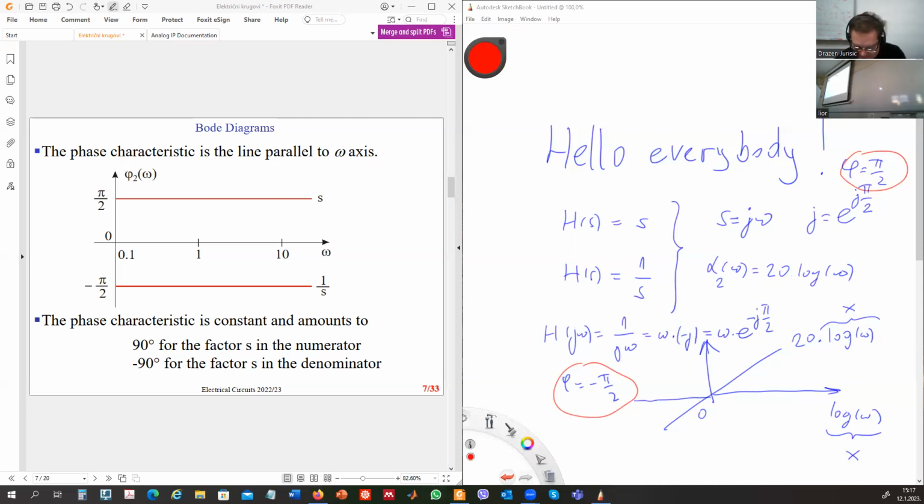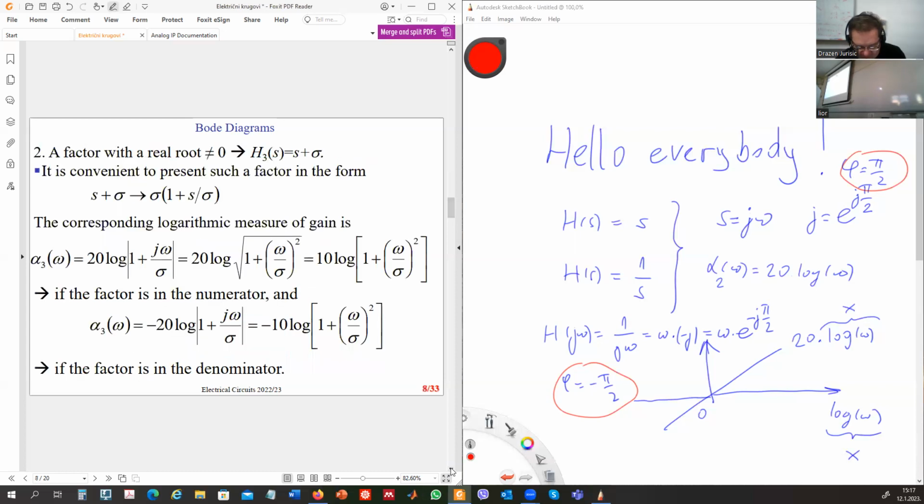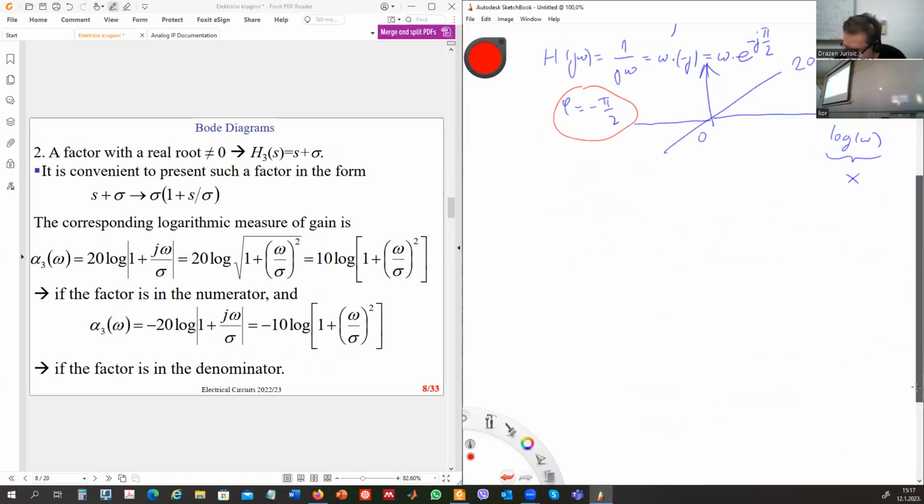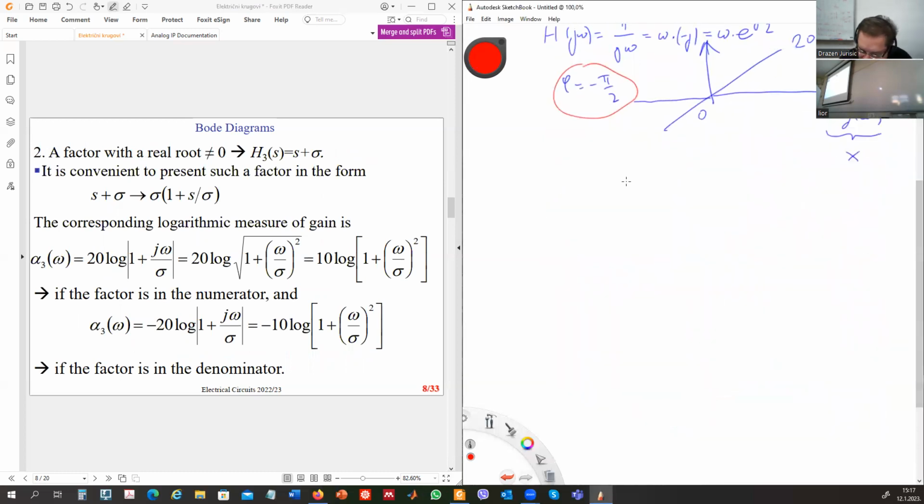Now, another important factor is the factor which is known as S plus sigma. Of course, we put this number 3, but again, I'm telling you this number 3 is not important.